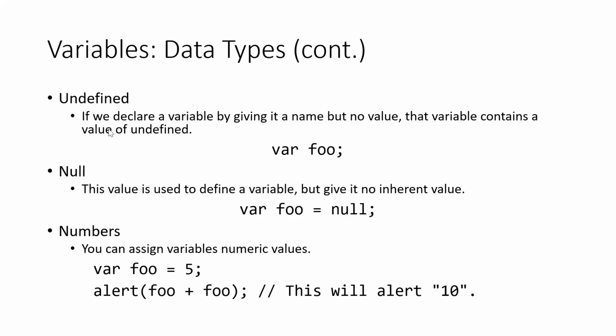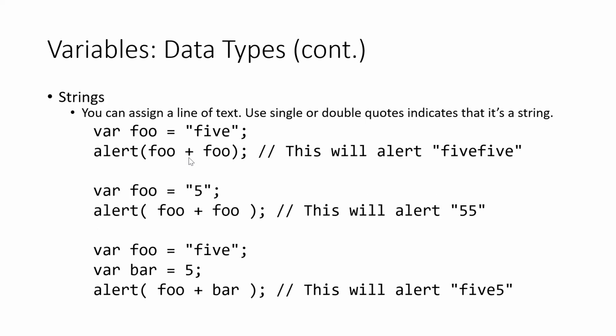And when it comes to strings, you have to be very careful about how exactly you are going to use them. You can use either single quotes or double quotes, but when you put it like this, for example 5 and 5, and you're adding, this is called string concatenation.